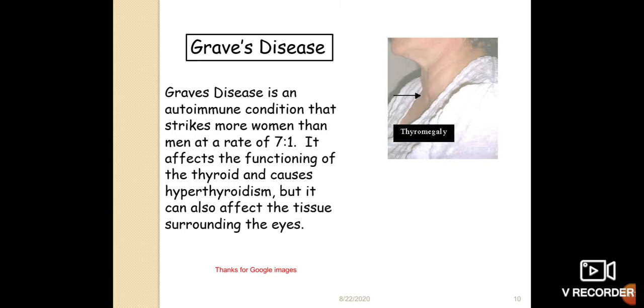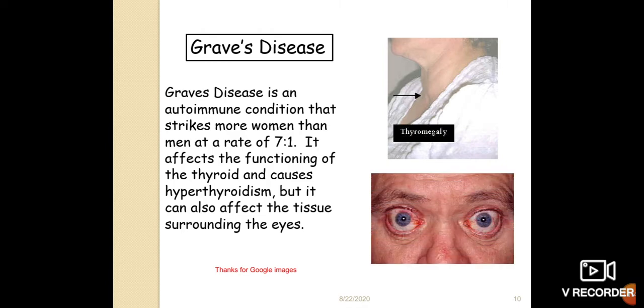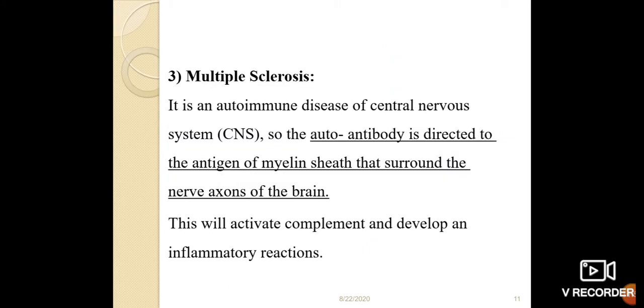It is also noteworthy to say that the incidence of Graves' disease in females is more than males, and this confirms the previously discussed hormonal predisposing factor of autoimmune disease, as it is associated with female gender. And also we can see here changes in the eye to increase the orbital pressure.